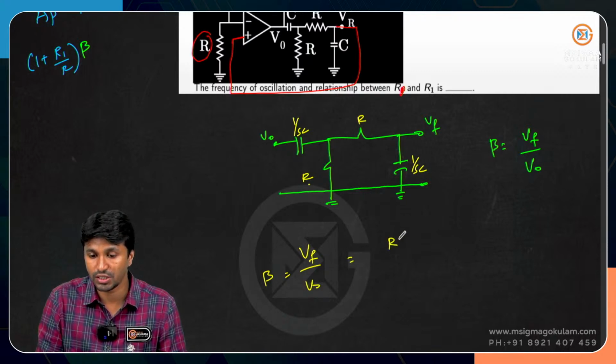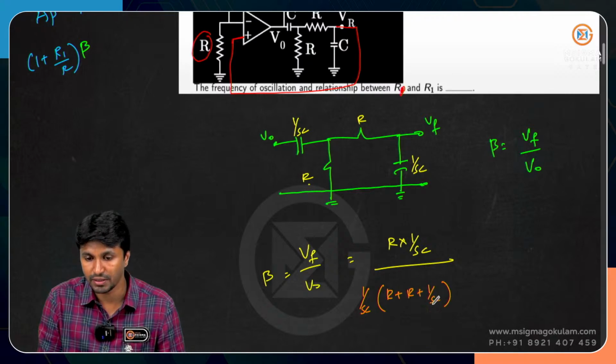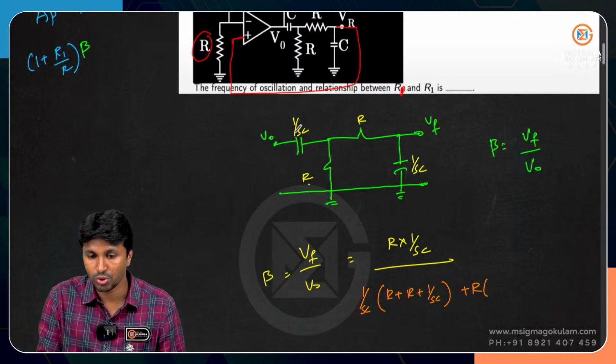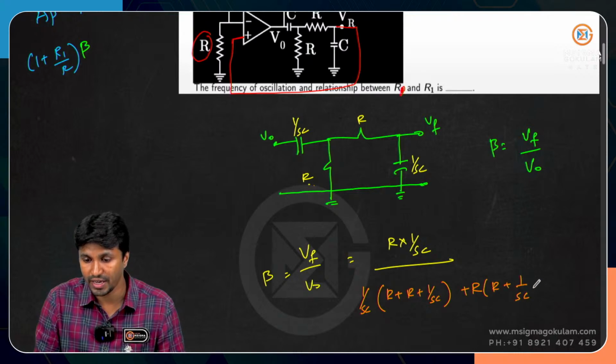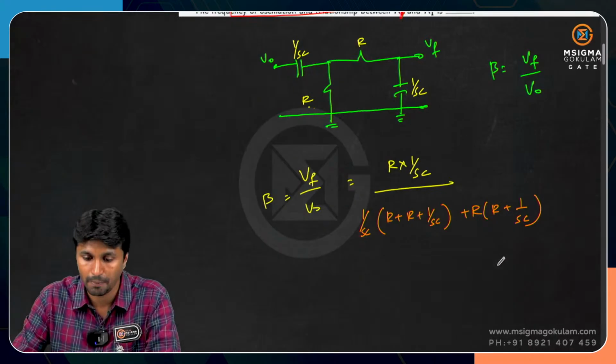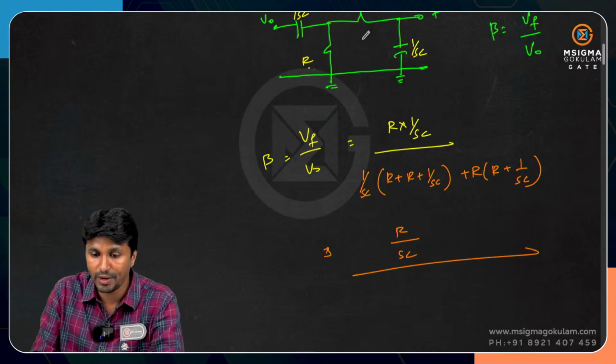So this is equal to R into 1 by SC, divided by 1 by SC into the sum of these impedances, R plus 1 by SC, plus R into the sum of these two impedances, R plus 1 by SC. This is nothing but beta. When you take the LCM in the denominator, what do you get here?